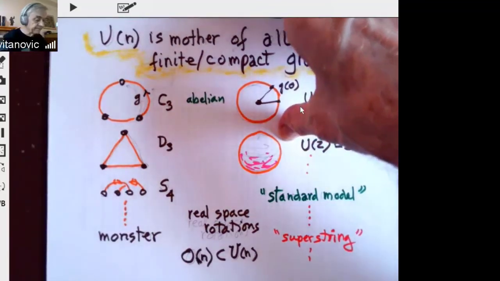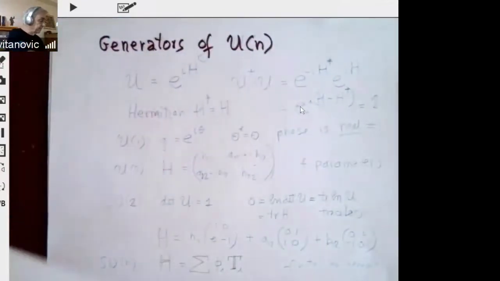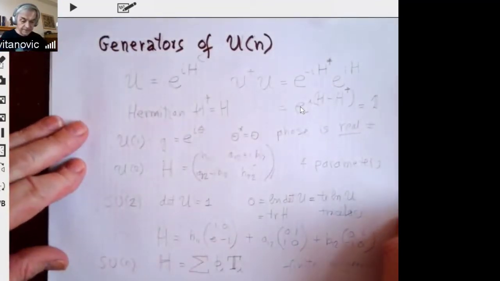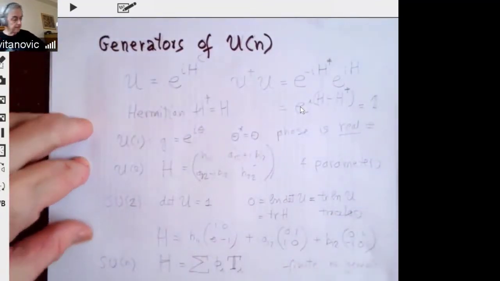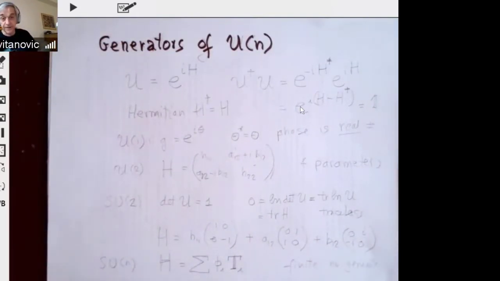The big problem with unitary groups, continuous groups, is that they're parameterized not by integers, and not by fractions, but by real numbers.